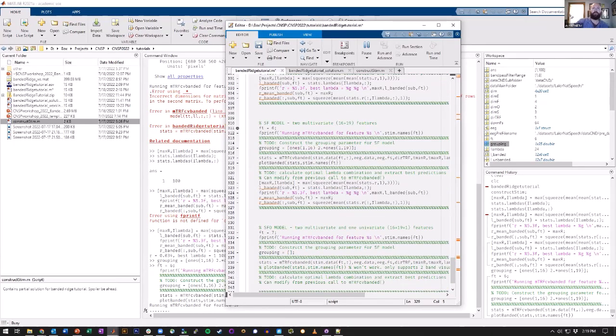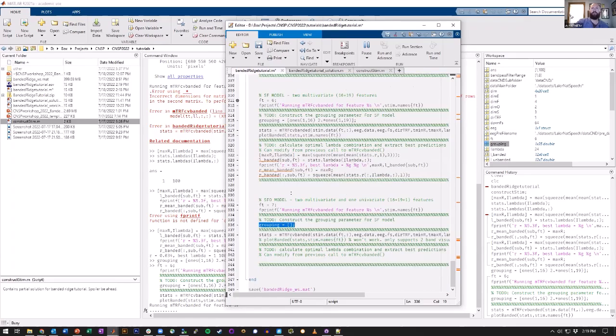And also, while this is running, you can figure out the grouping parameter for our next model, which will be 2 multivariate and 1 univariate features. So you've got your spectrogram here, you've got your phonetic features here, and you've got the envelope, sorry, the word onset model here. So we want to construct a grouping variable that will group all 3 of these into different bands. So you'll need a 1 for this, 2 for this, and a 3 for that.